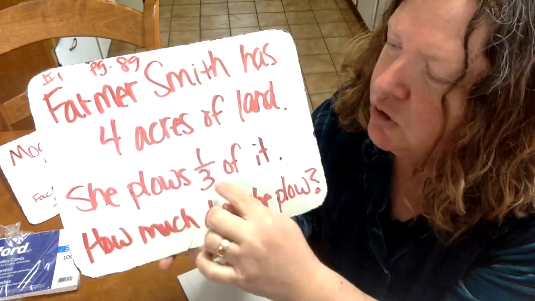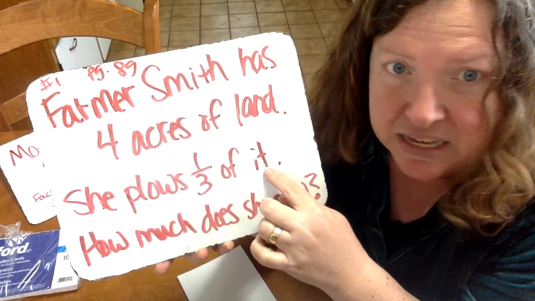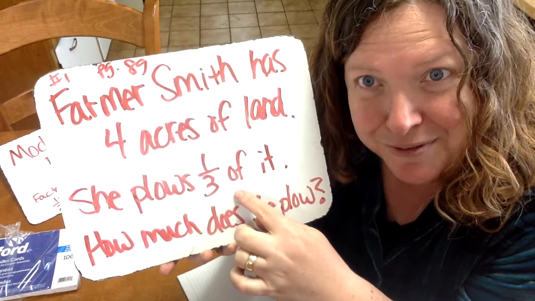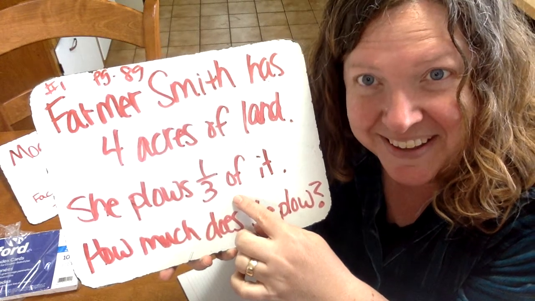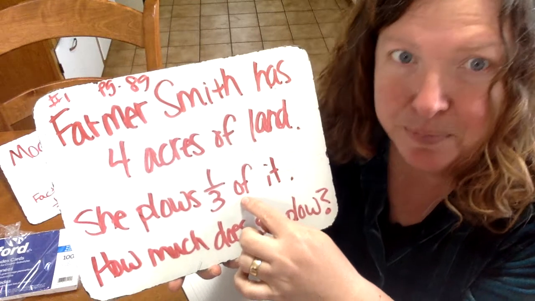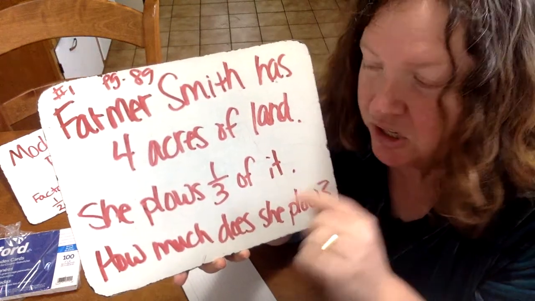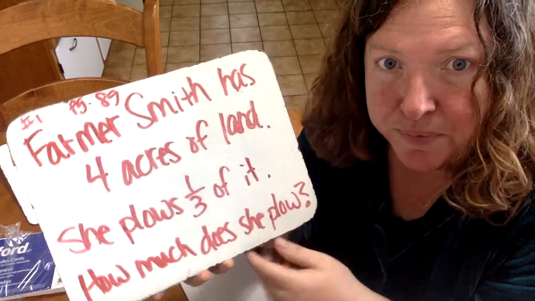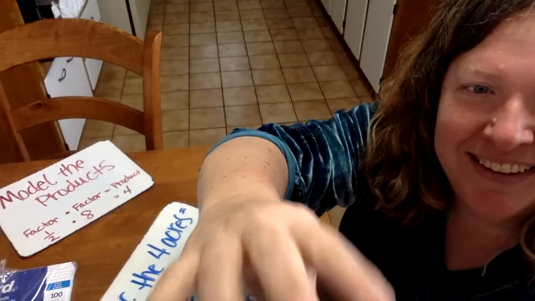So when she plows 1/3 of it, it means the land, she plows 1/3 of it. Remember, of is another way to say multiplication. 1/3 of a group of 4 acres. 1/3 times 4. So let me write those things down for us.